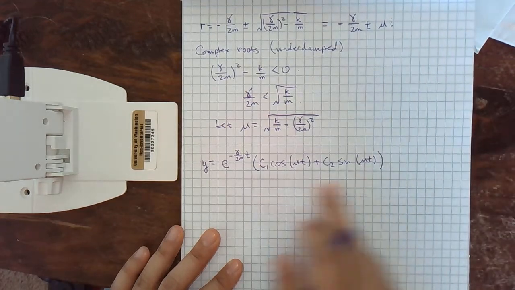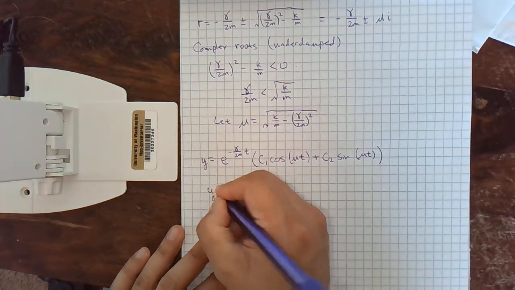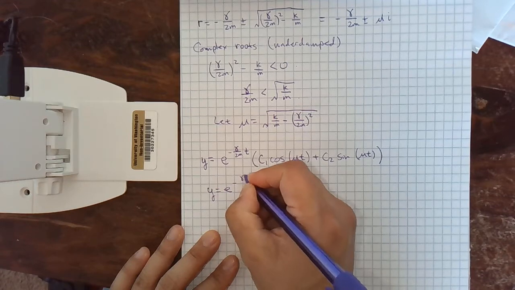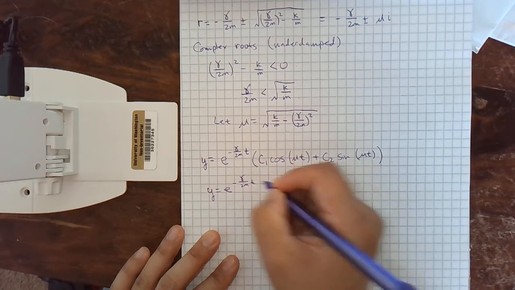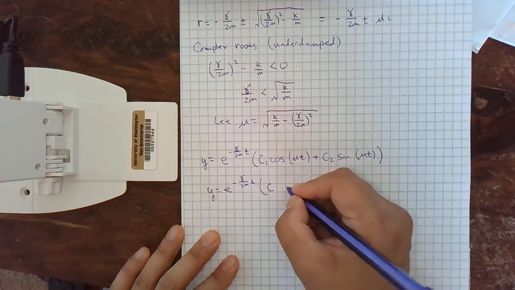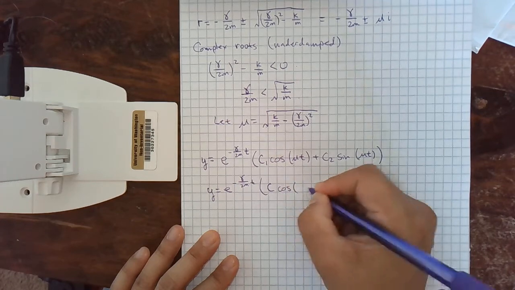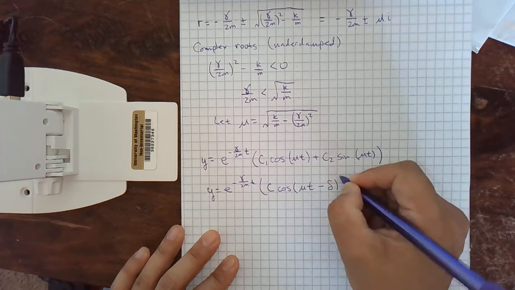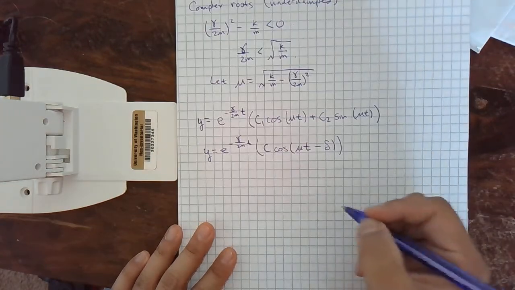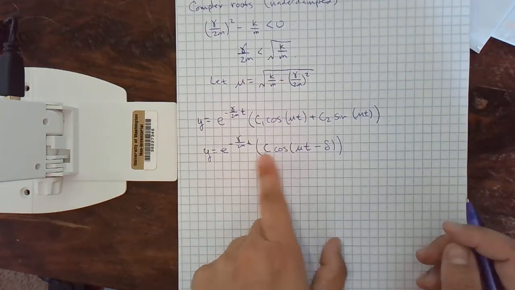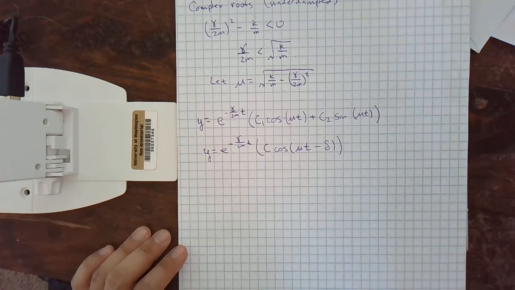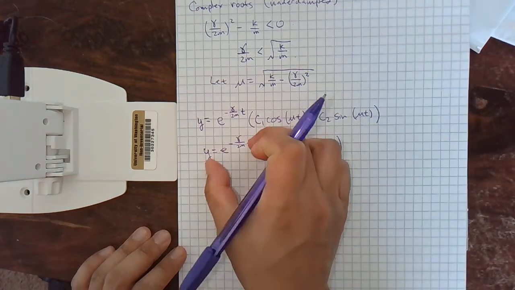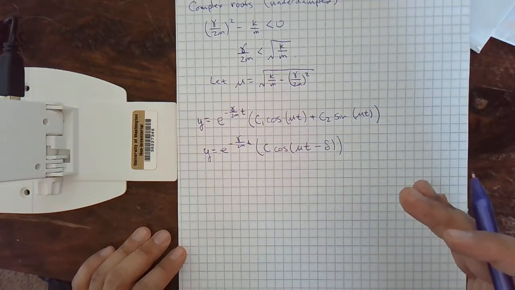And then we can do the same trick we did before with the undamped harmonic oscillator, and we can write this as a single sine or cosine. We're going to do cosine to be consistent with the other notation in this course. Mu t minus delta. And then, so what do we have?